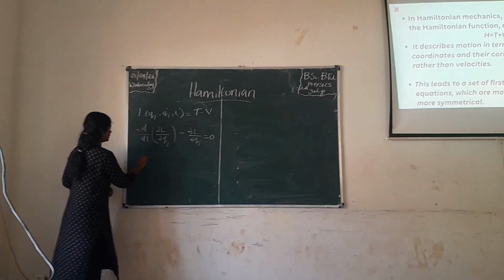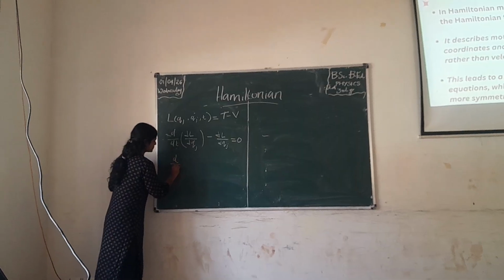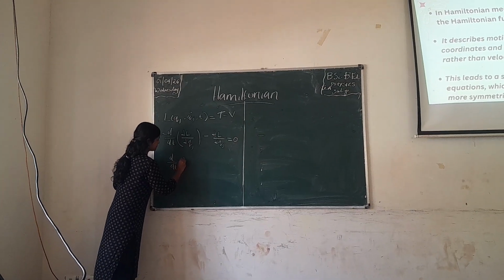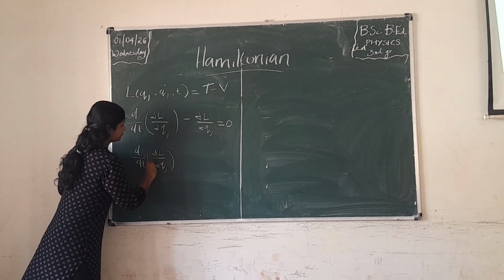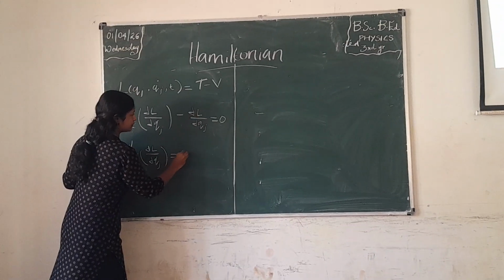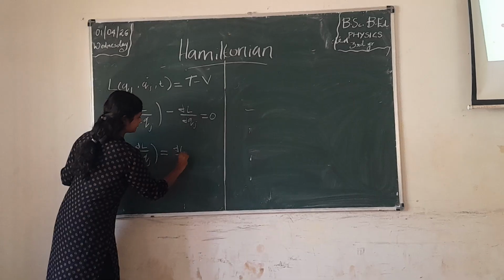We can write this equation by taking the second term to the other side, so it becomes dou L by dou qj.